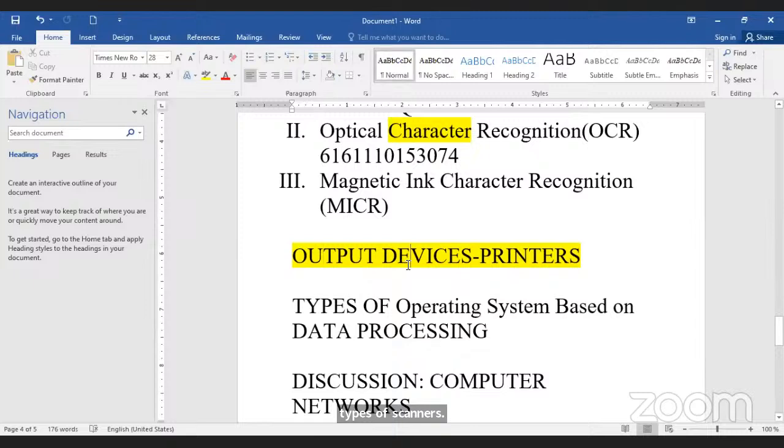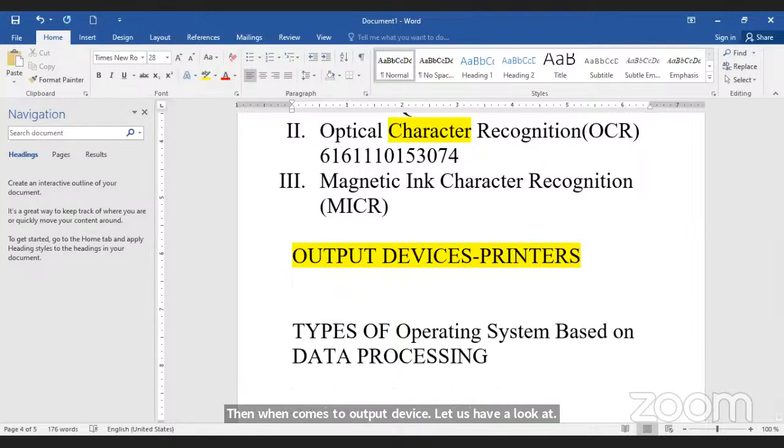Then when it comes to output devices, let us have a look at printers. What is a printer? Quickly through the chat, what's a printer? What do you know about printers?